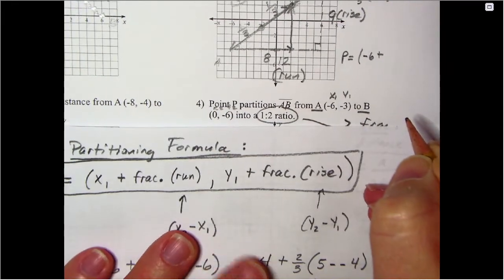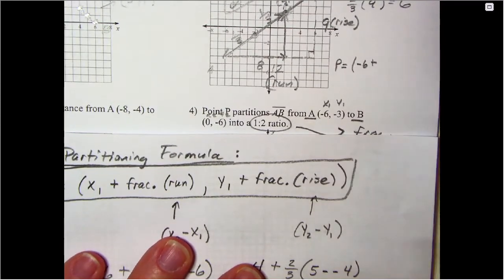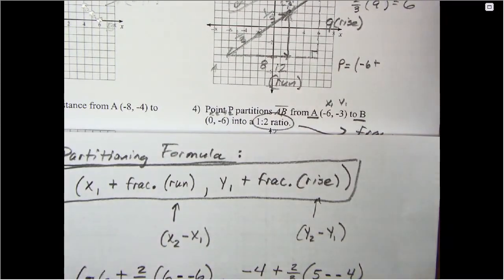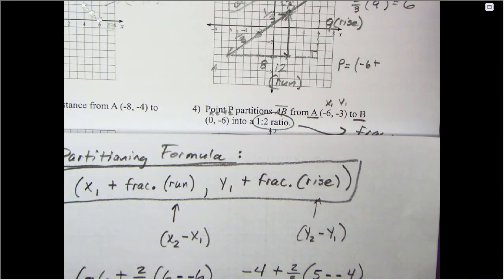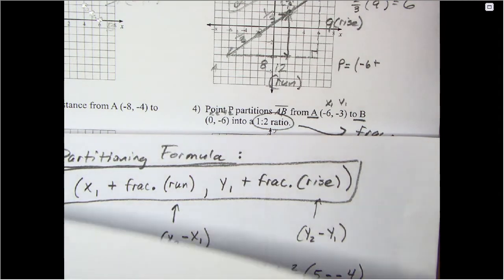Okay. So I know this is going to be, let me get a blank sheet of paper so I have some more space to work with here, so I don't cram it in there.